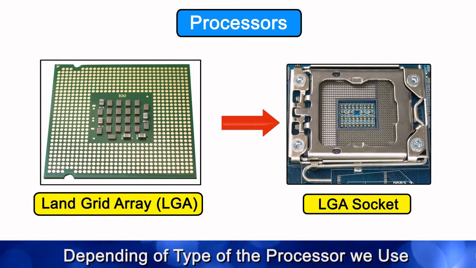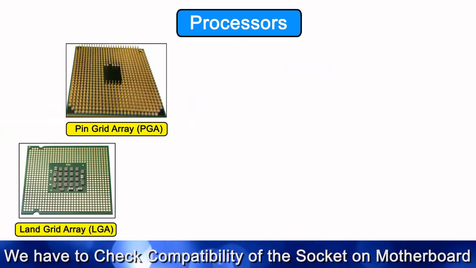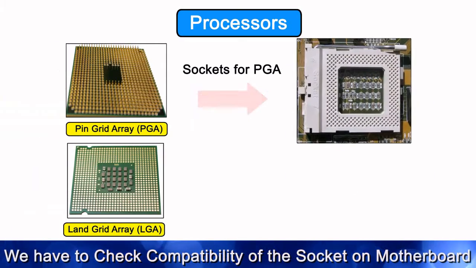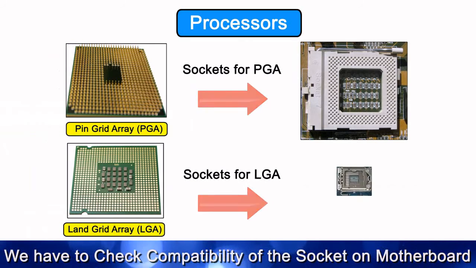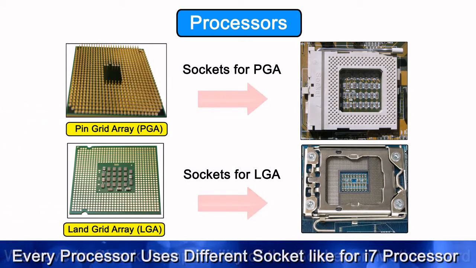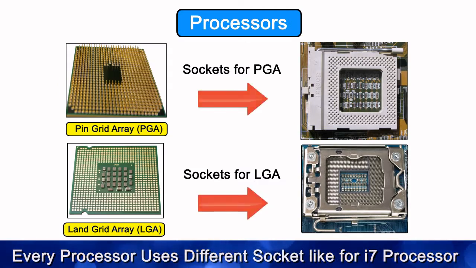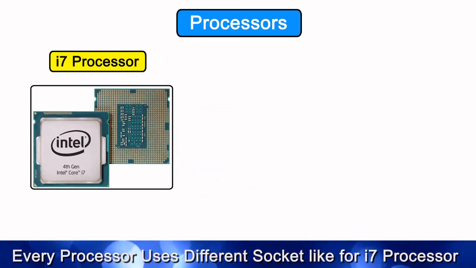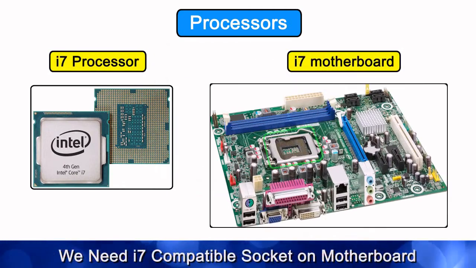Depending on type of the processor we use, we have to check compatibility of the socket on motherboard. Every processor uses different socket, like for i7 processor, we need i7 compatible socket on motherboard.